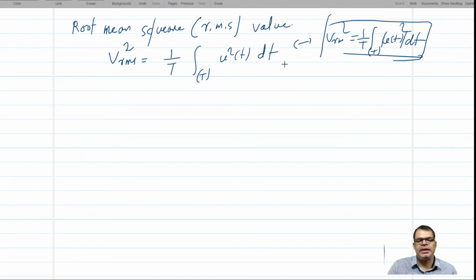And in a probabilistic signal, it is altogether a different way to find the average value of a random signal, that is the mean square value, then your variance, all this comes into play. So for the time being, we just concentrate on the one subject, that is network theory, dealing with all sorts of real signals.